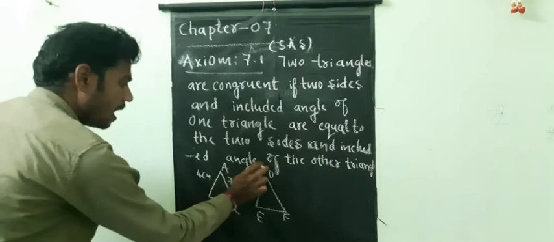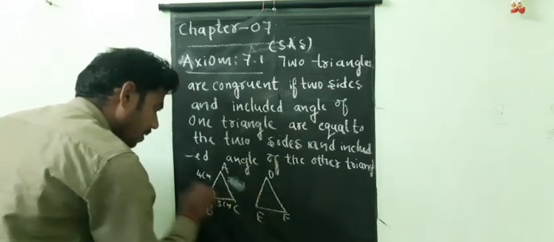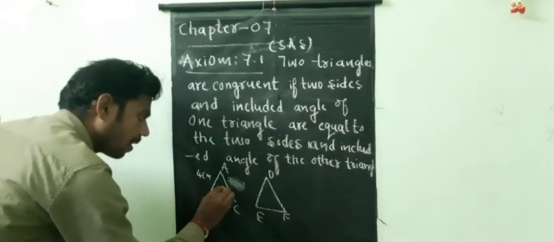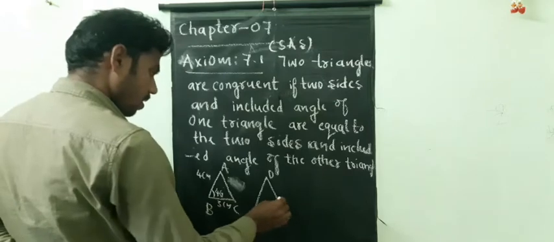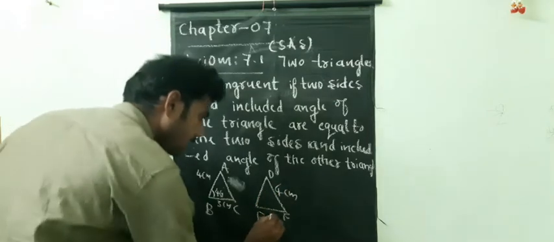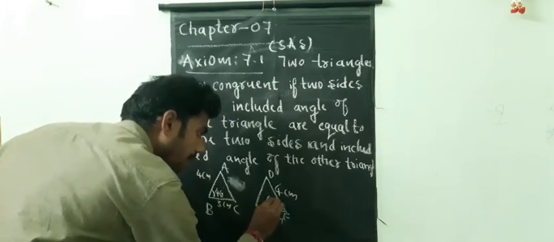For time being I will mention only these 2. Next, this is 40 degree. Next, this one: this is 4 centimeter, this is 4 centimeter, this is 3 centimeter, and this is 40 degree.